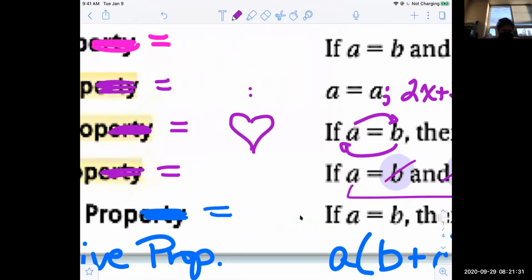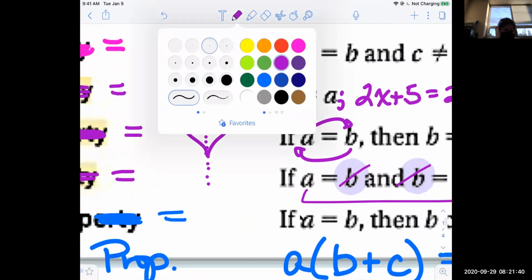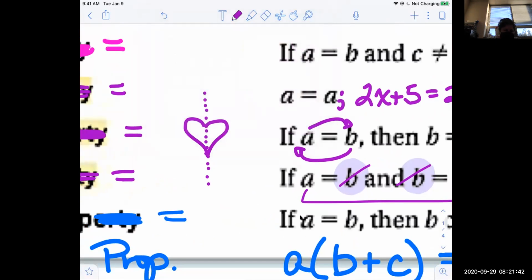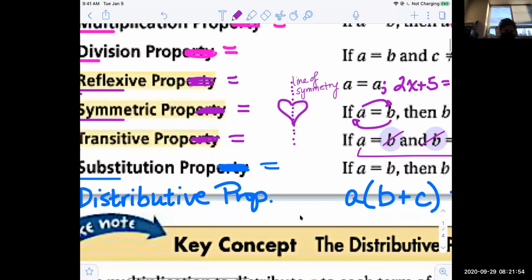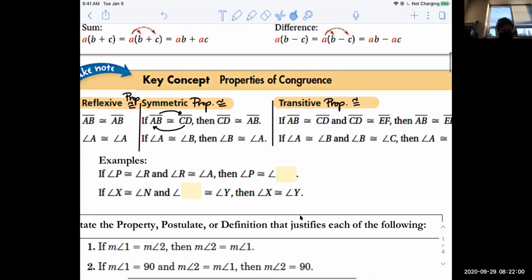When you make a Valentine's card and you fold paper in half and then flip it over, that's a line of symmetry, and that's how symmetric is flipping. Or you can think switch is symmetric.